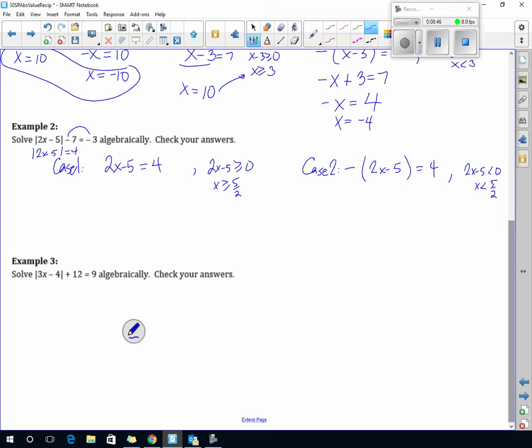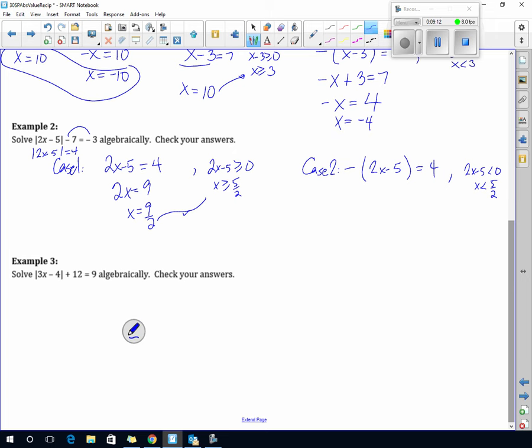Move the 5 over, we get 2x equals 9. x equals 9 over 2. Is that greater than or equal to 5 over 2? Yes? Okay, what do I have to do first here? Distribute that negative, so negative 2x plus 5 equals 4.